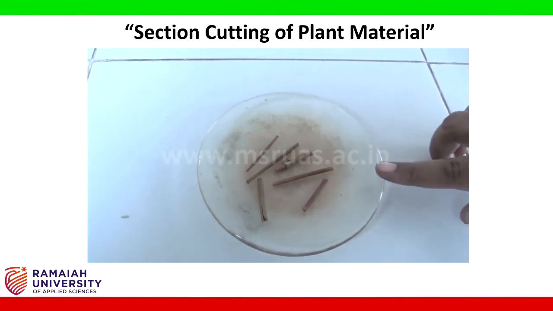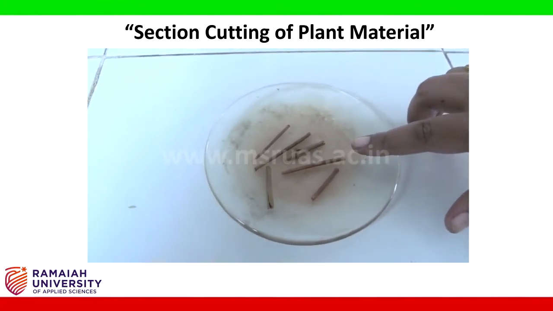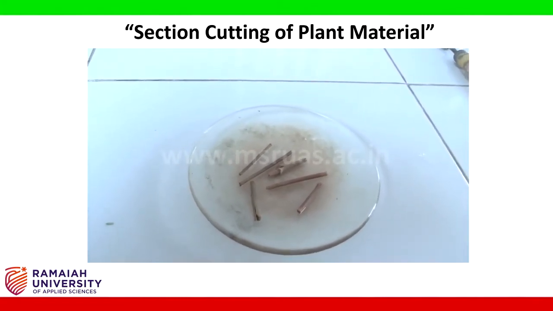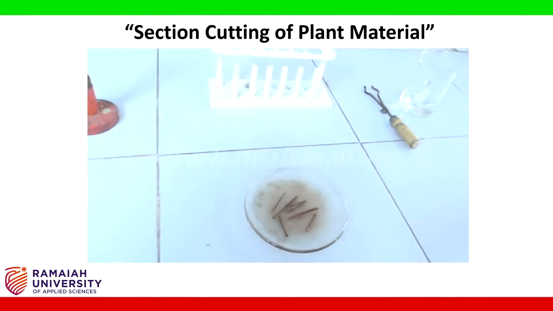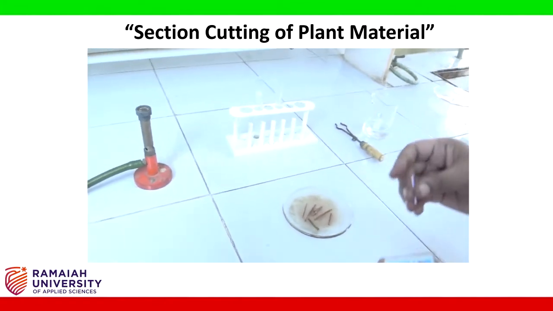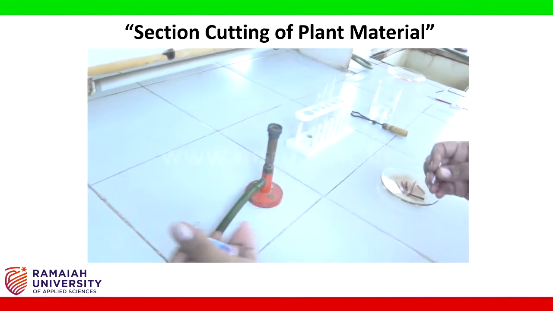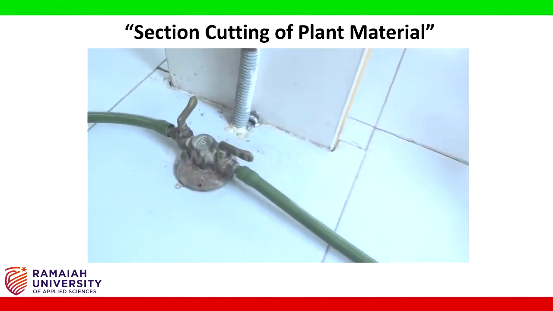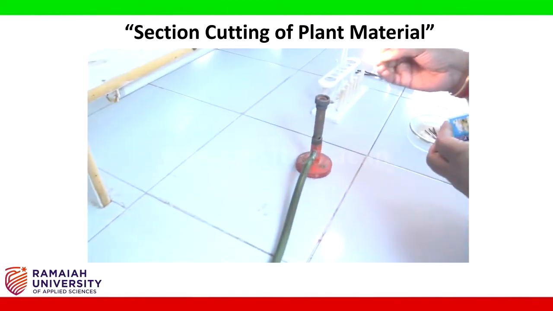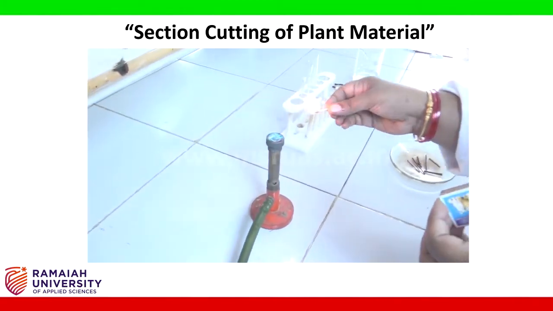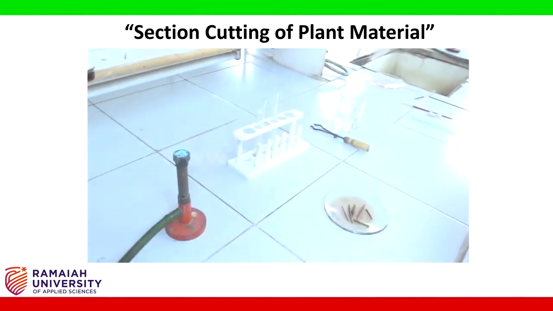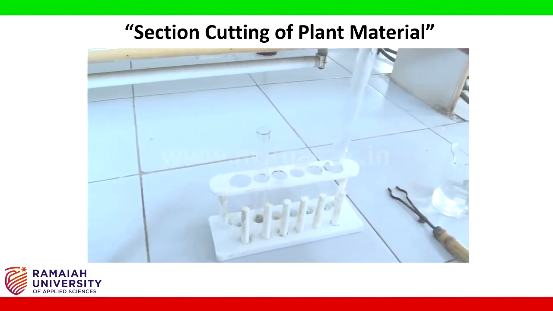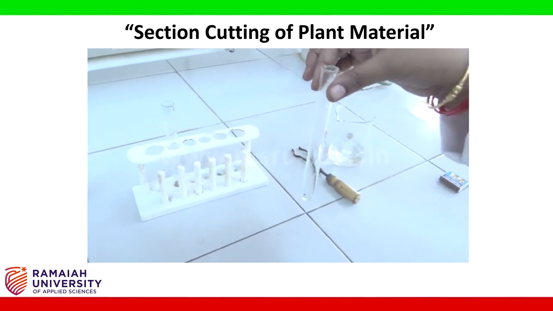So today I have selected the stem of a young herb. We will light the Bunsen burner, switch on the Bunsen burner, light the matchbox. Now the burner is on. Take a clean test tube.